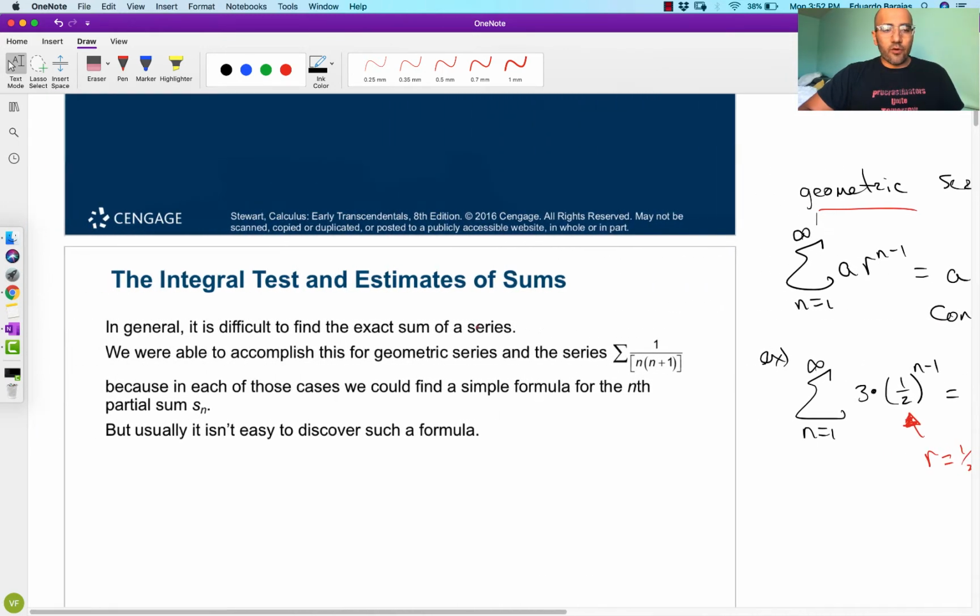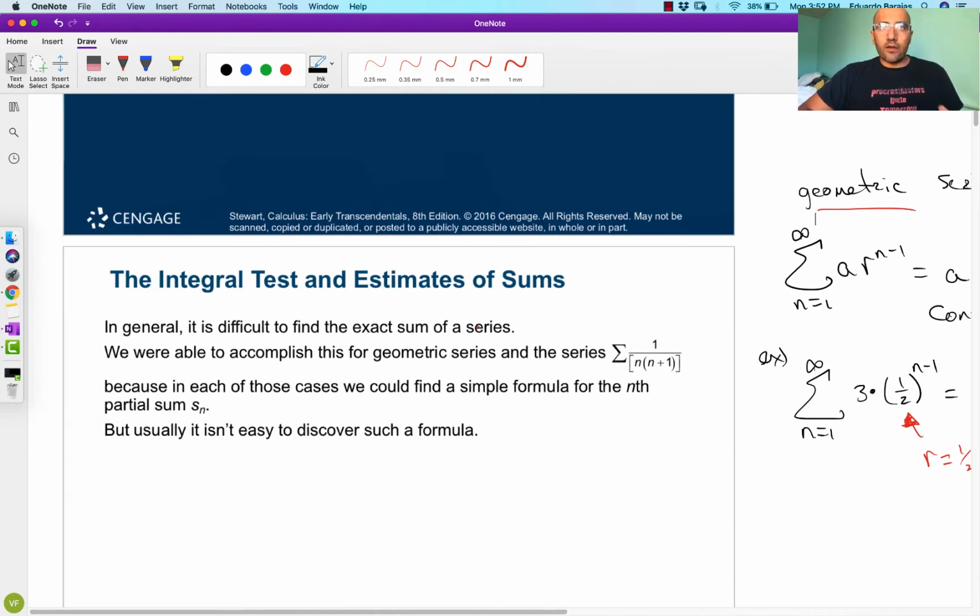So here we're going to focus on cases where it doesn't quite fit that form, but we might still be able to apply this new idea, the integral test, to at least confirm that the series converges, or at least confirm that the series diverges. And also, we'd be able to get a very nice estimate, even if not the exact answer, for what that series converges to.